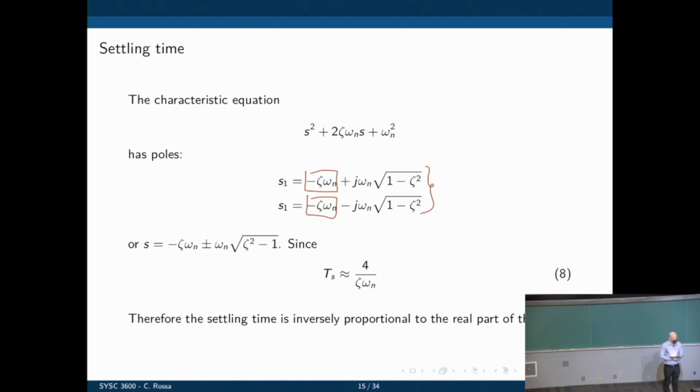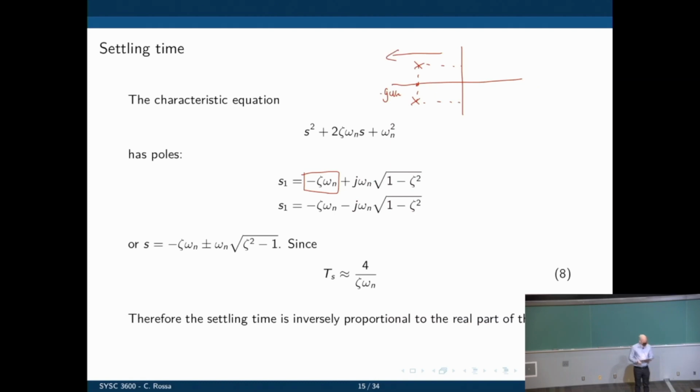If what dictates how fast something decays is the real part, then it makes perfect sense to say that the time constant is inversely proportional to that. If you have a pole placed over here, negative zeta omega n, that's the real part, and you have the imaginary part.